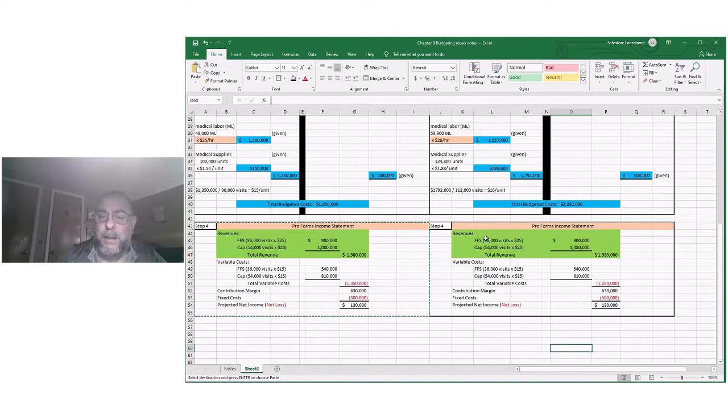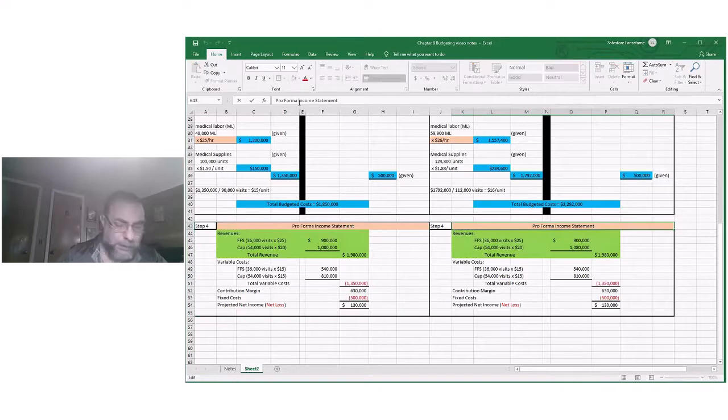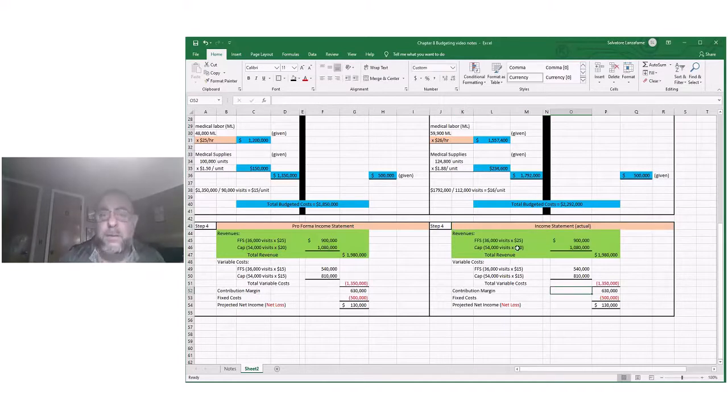If we break it down, this is no longer a pro forma income statement, this is the actual income statement. I'll just write actual in here. So now instead of 36,000 visits, we've got 40,000 visits.